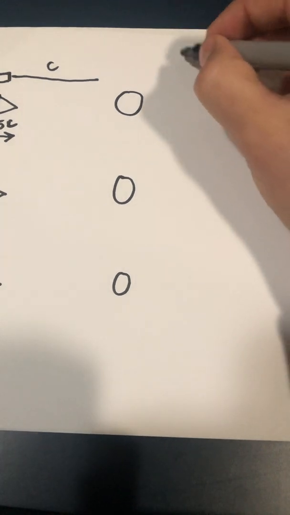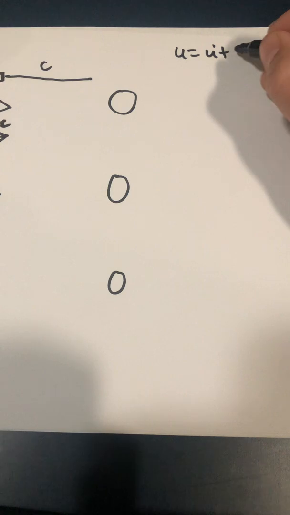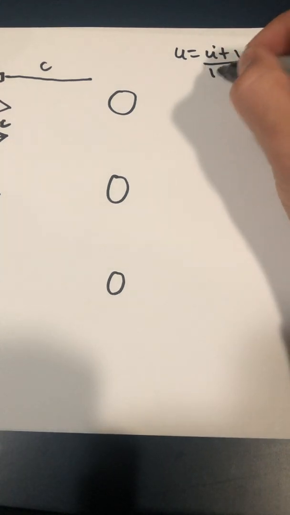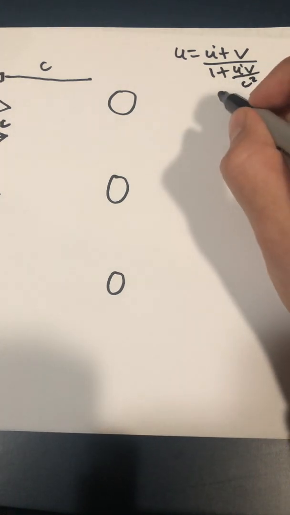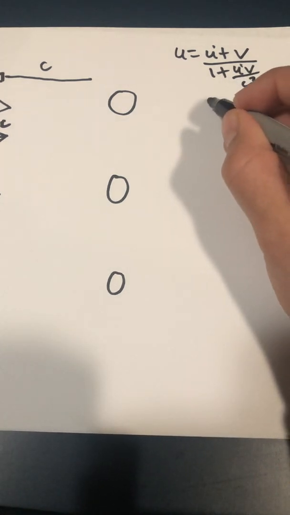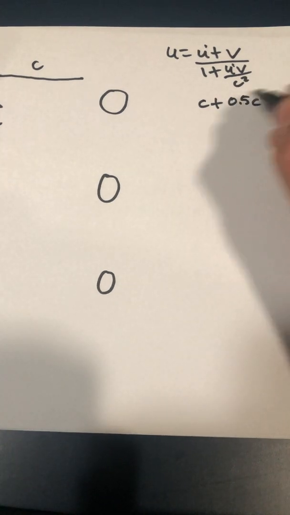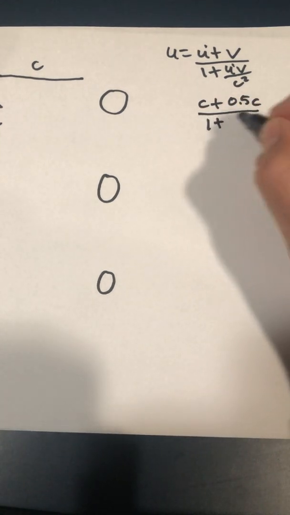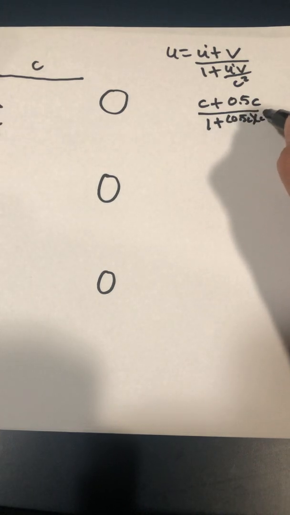So if we calculate this using our new equation, I'll write it out for us again. That would be c plus 0.5c over 1 times 0.5c times c over c squared equals u.